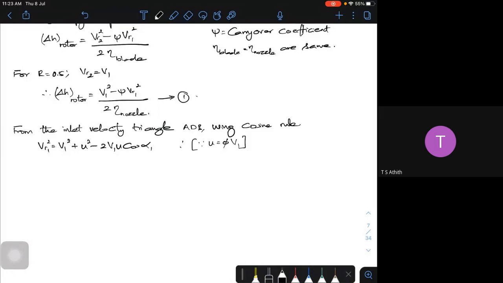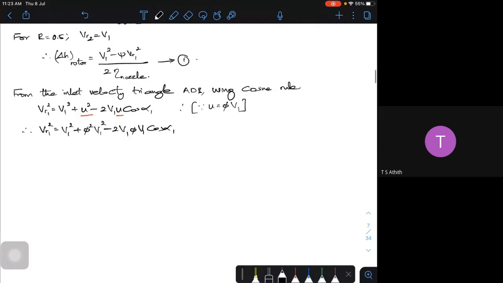So wherever I have U, I'm going to write it in terms of V1. Therefore, VR1 square is equal to V1 square plus phi square V1 square minus 2 V1 phi V1 cos alpha 1, or I can take V1 square out: VR1 square is equal to V1 square into (1 plus phi square minus 2 phi cos alpha 1).